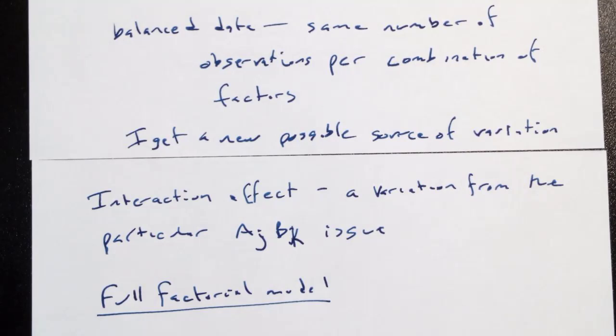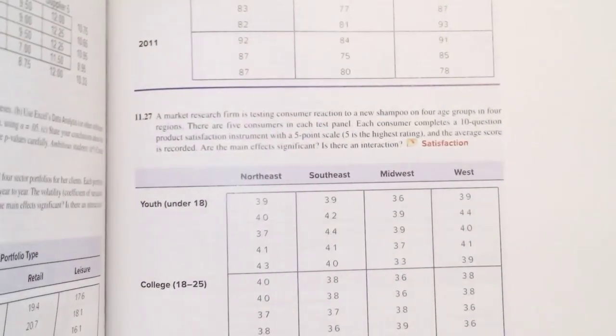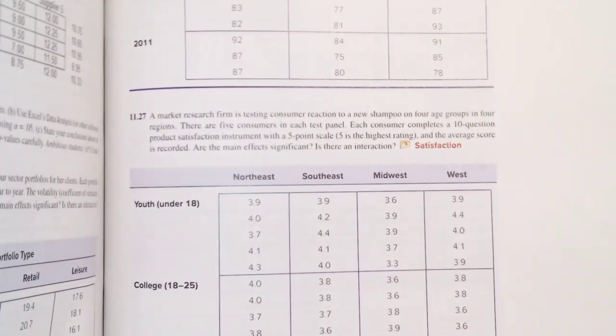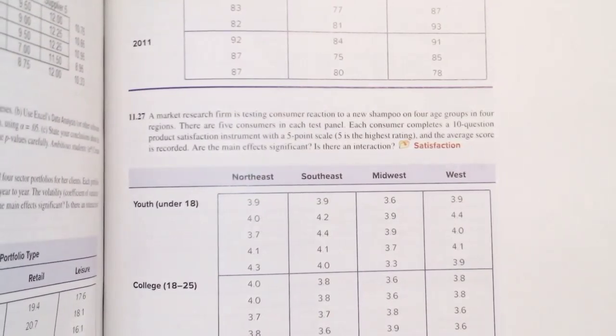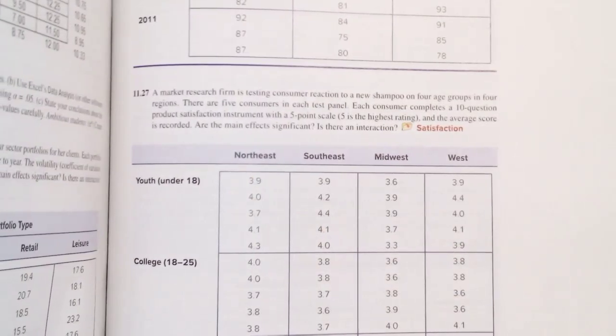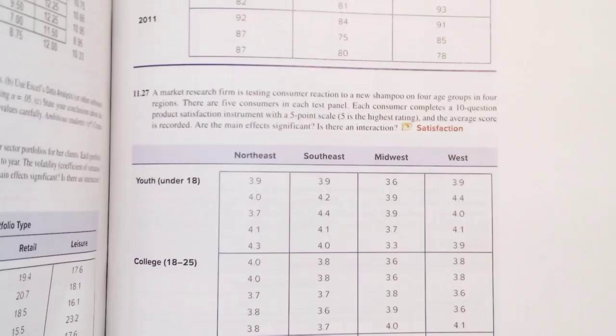So let's see, what is this problem all about? This problem is about a market research firm testing reactions to a new shampoo. 4 regions: Northeast, Southeast, Midwest, West, and 4 age groups: youth, college, adult, senior. And I want to know, on a 5-point scale, what do people think of my new shampoo?